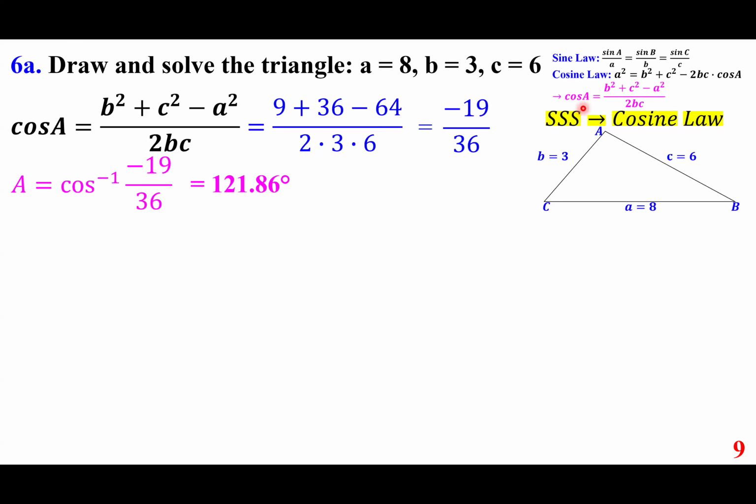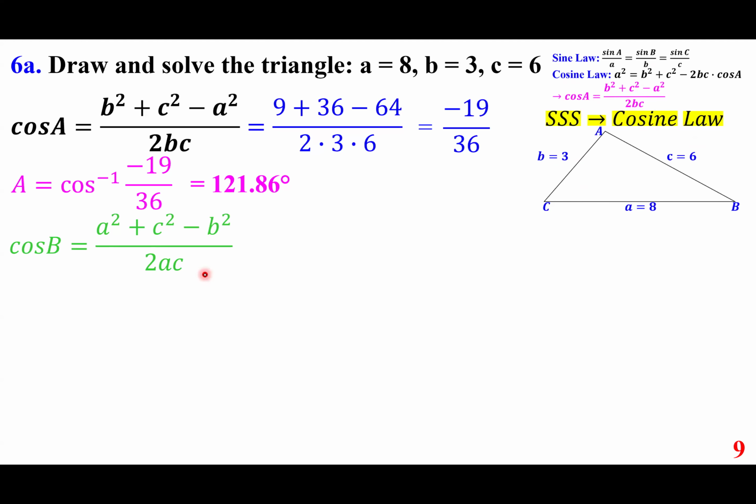I hope you understand, if cosine A is this, cosine B must be A squared plus C squared minus B squared over 2AC. And so A squared is 64, C squared is 36, minus B squared is 9.